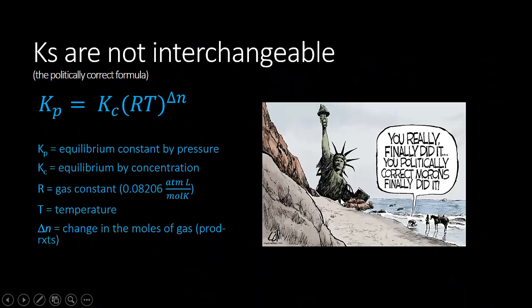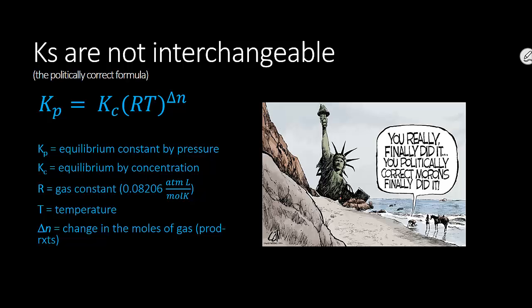Now Kp and Kc are proportional to one another, but they aren't exactly the same because concentration and pressure of gases are not exactly the same. However, we can use a derivative of the ideal gas law to determine the value of our equilibrium constant by pressure if we know the equilibrium constant by concentration, or vice versa.